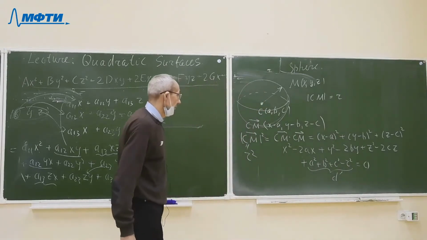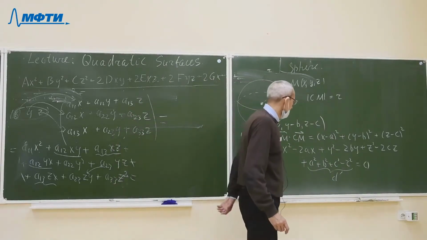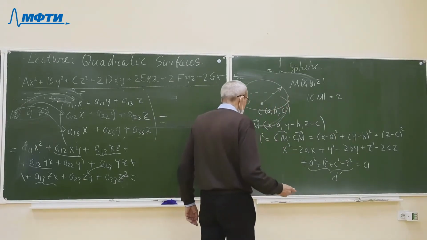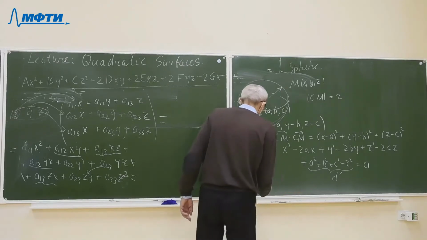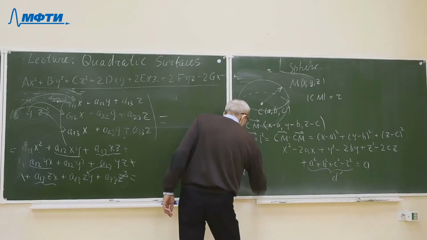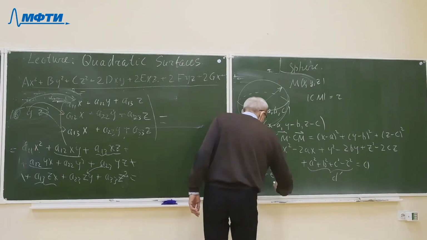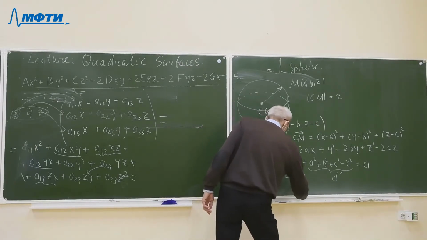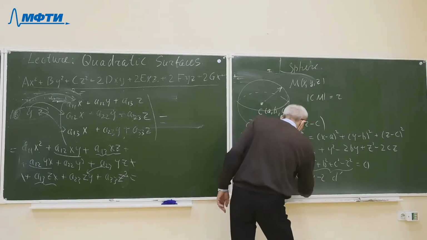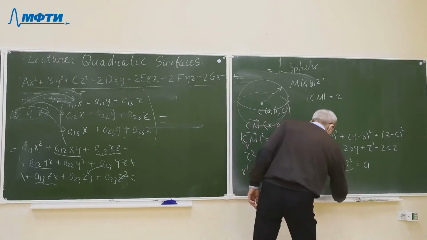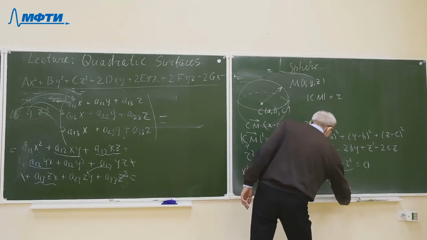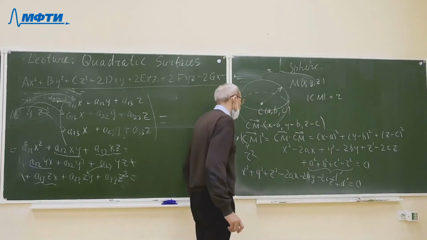Let's denote this term by d prime, and we obtain the equation of the sphere in the following form: x squared plus y squared plus z squared minus 2ax minus 2by minus 2cz plus d prime is equal to 0.